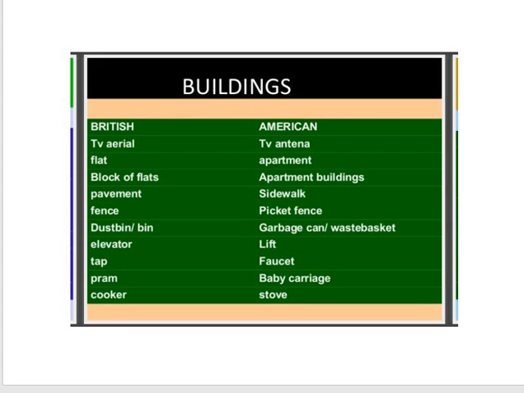Dustbin, bin, and garbage can, waste basket. Lift, elevator. Tap, faucet. Pram, baby carriage. Cooker, stove.